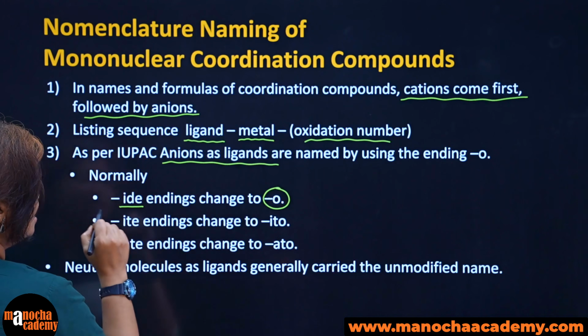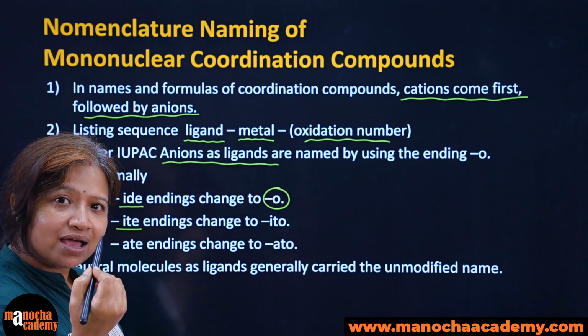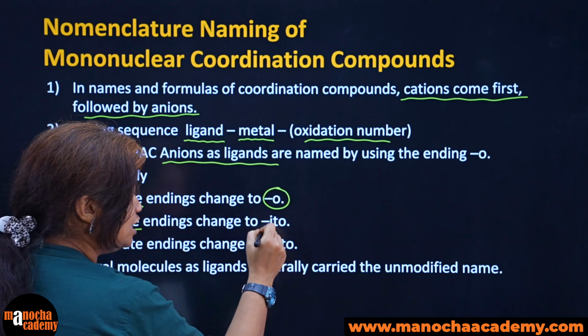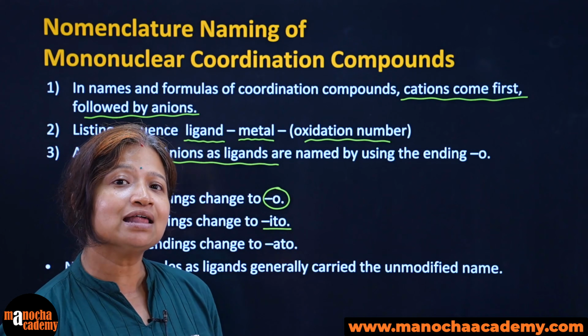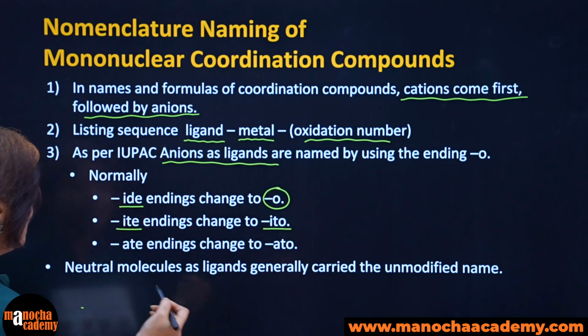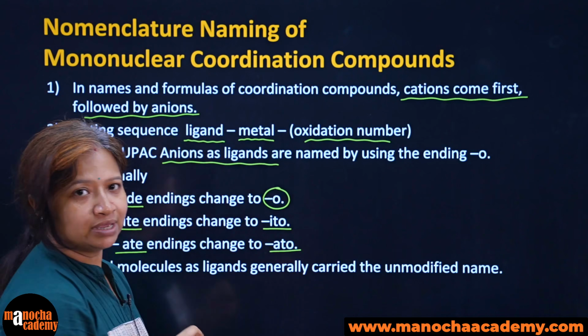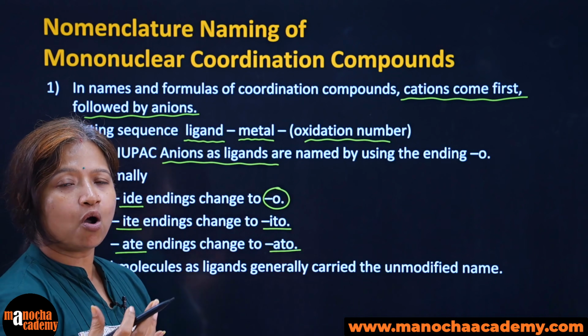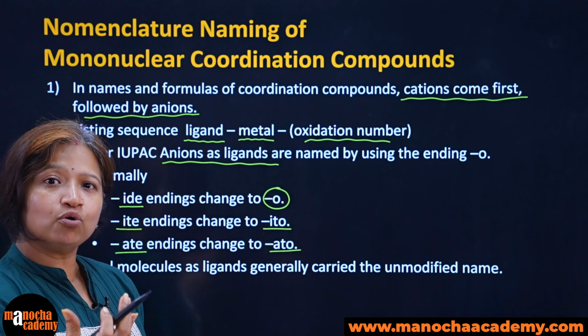We have done this. ITE, again ITE becomes ito, so ending with ito. Nitrite becomes nitrito, sulfite becomes sulfito. Okay. Next, if it's ATE, we end with ato. Sulfate, sulfato, oxalate, oxalato, acetate, acetato.